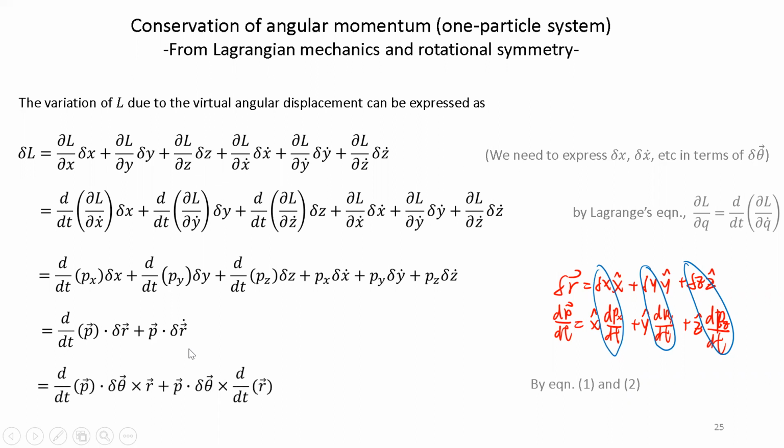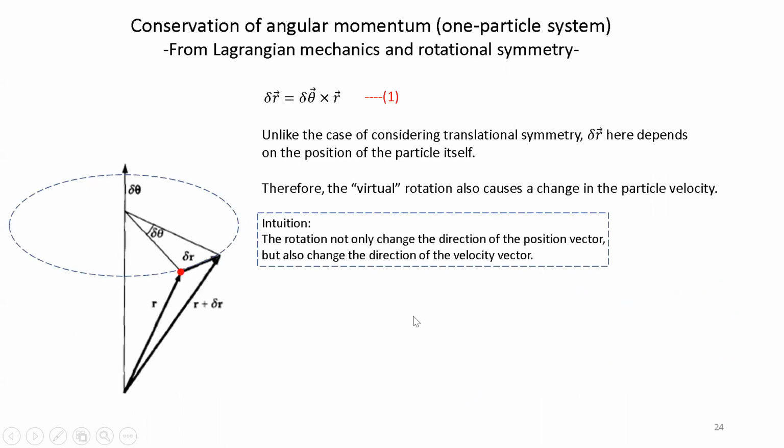Next, the goal here is that at the end I want to express everything in terms of something times the delta theta vector. That's how I know, if I apply some angular displacement delta theta, whether I have some non-zero delta L. So I'm going to express delta r in terms of delta theta, using the two equations that we have.